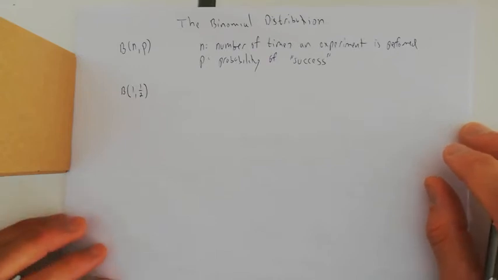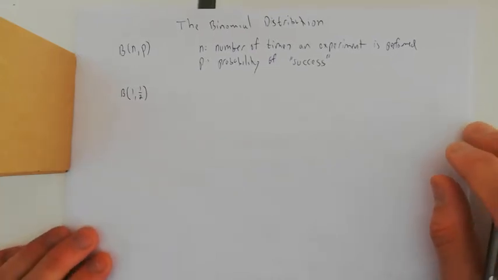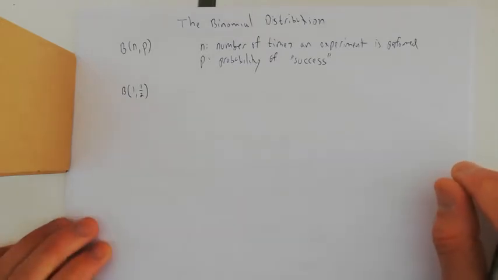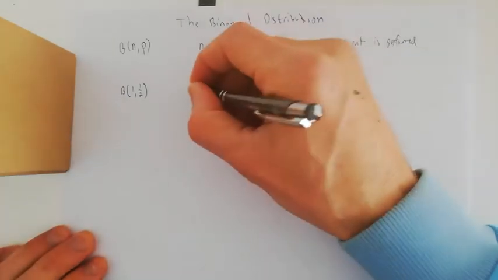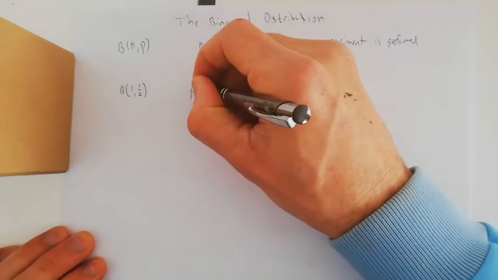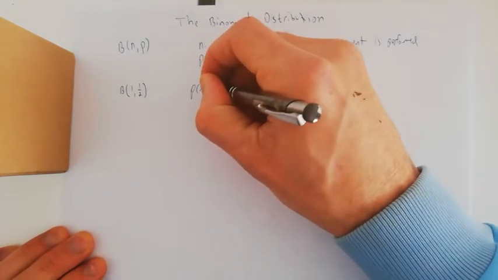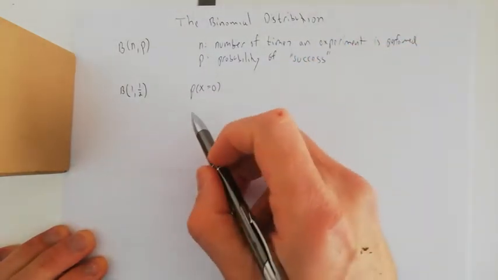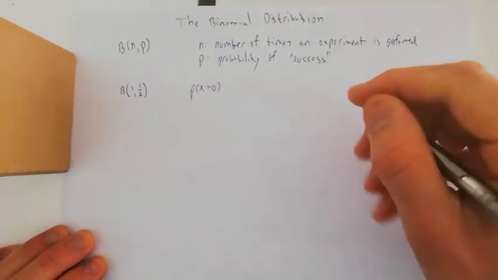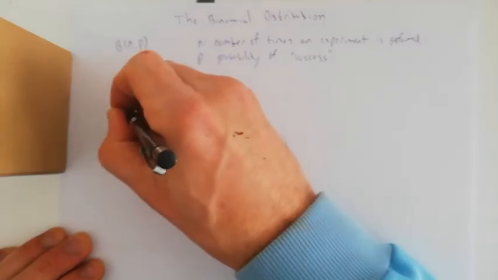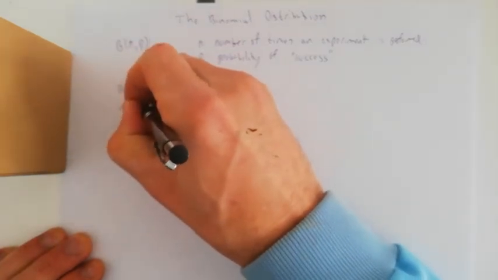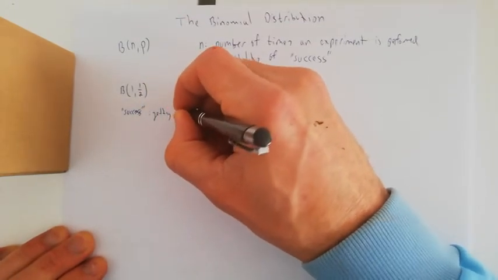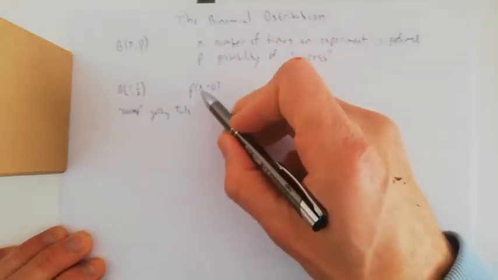So for example, if we throw a coin, we decide that success is getting tails. Then x represents the number of tails.